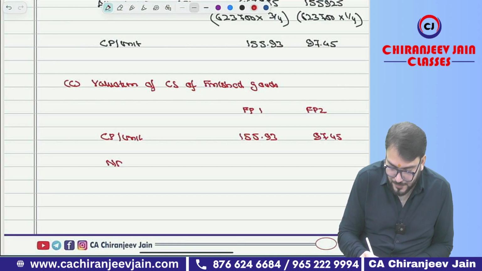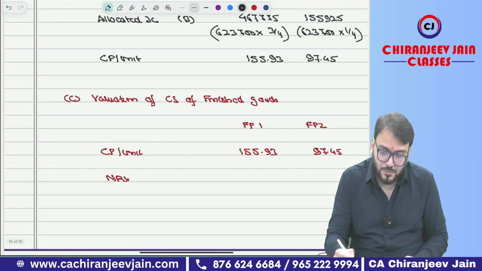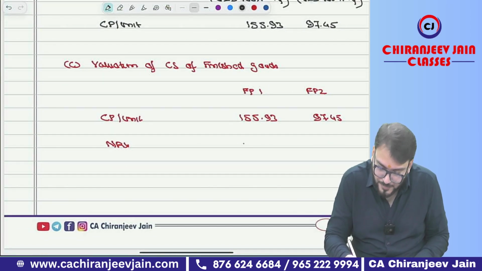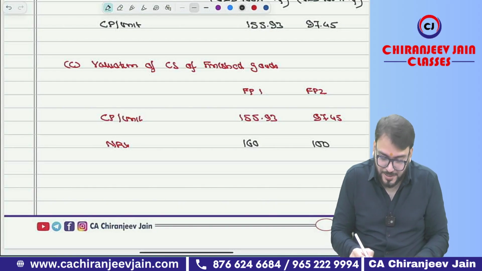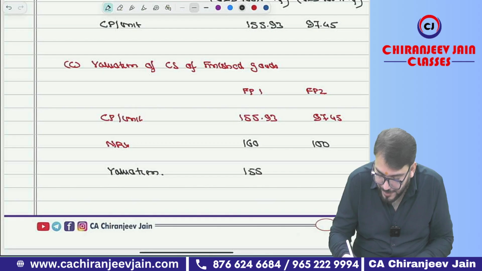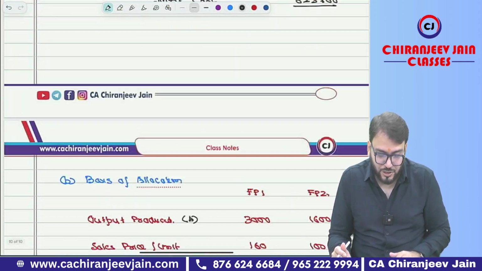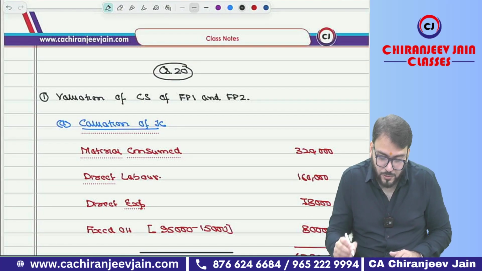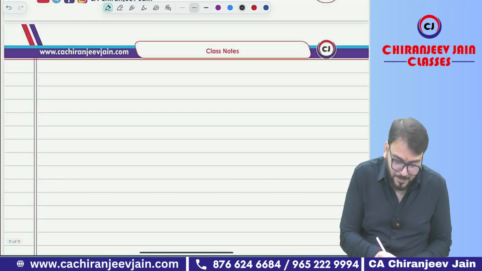And what is the NRV? NRV is the estimated sale price, which we already know: 160 and 100. So NRV is more than cost price, then valuation will be done at 155.93 and 97.45. So this is the valuation of closing stock of finished goods.